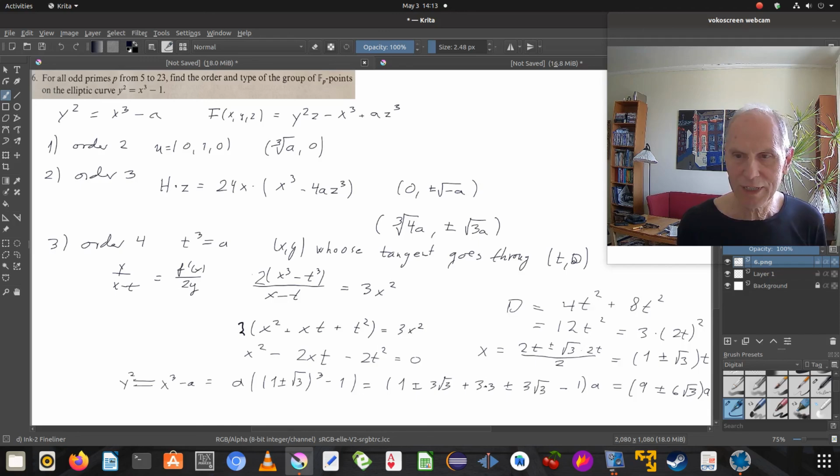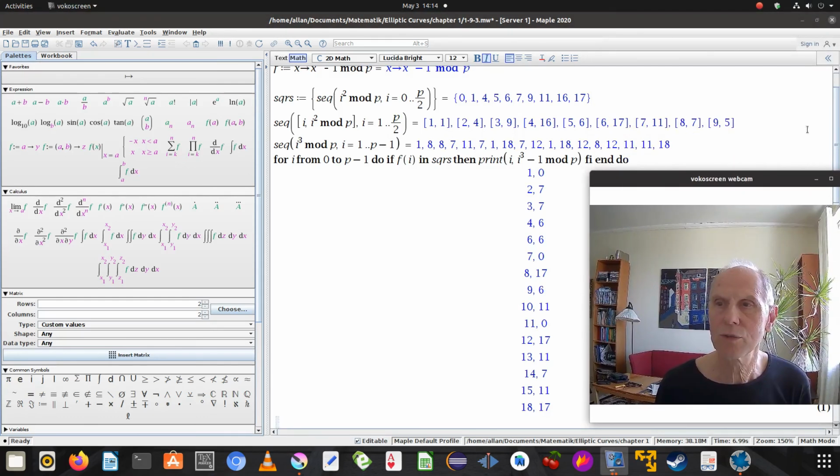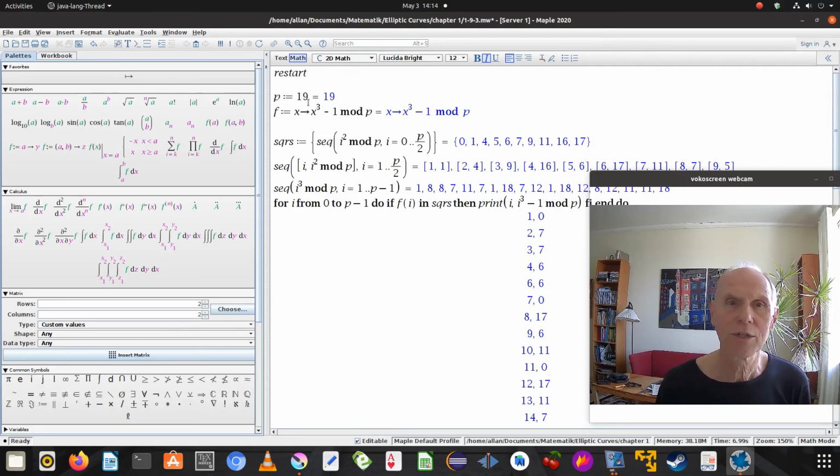Therefore, we need a square root of 3 first. There's no square root of 3. Or maybe I didn't do the calculation here. No, I didn't.